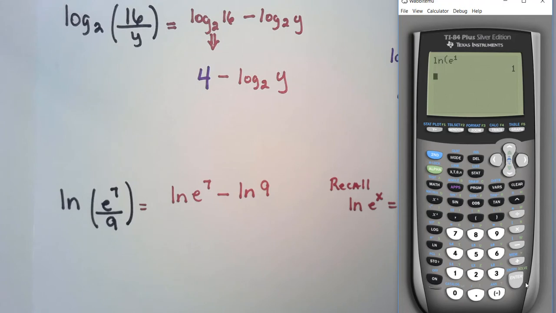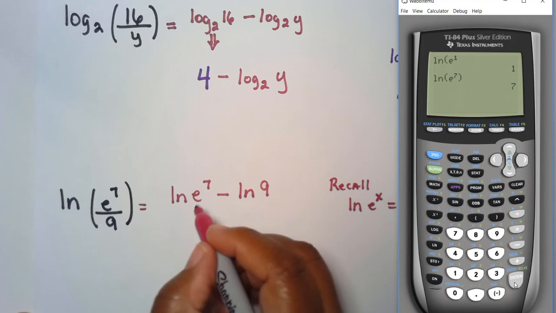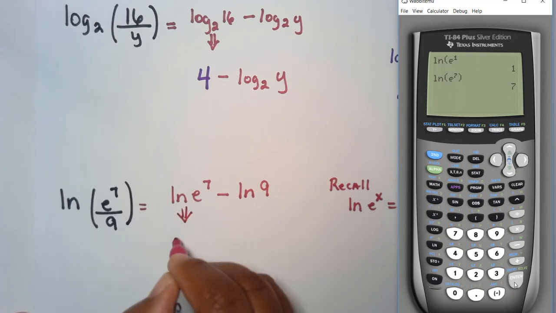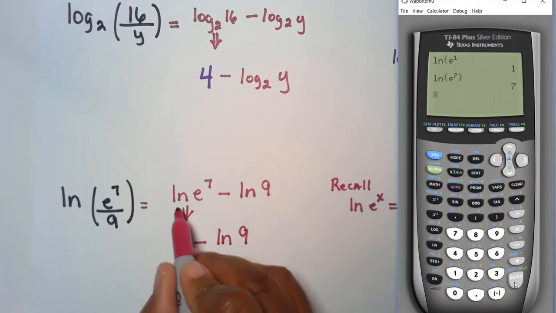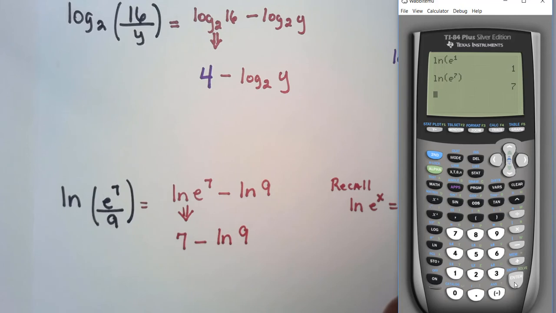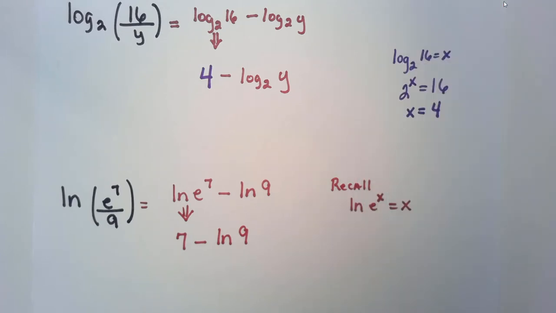So if we put in ln of e to the 7th power, it's going to equal 7. And there we go. So we have here 7 minus ln of 9. So when we have the natural log of e raised to a power, it's going to be that power. Here we go.